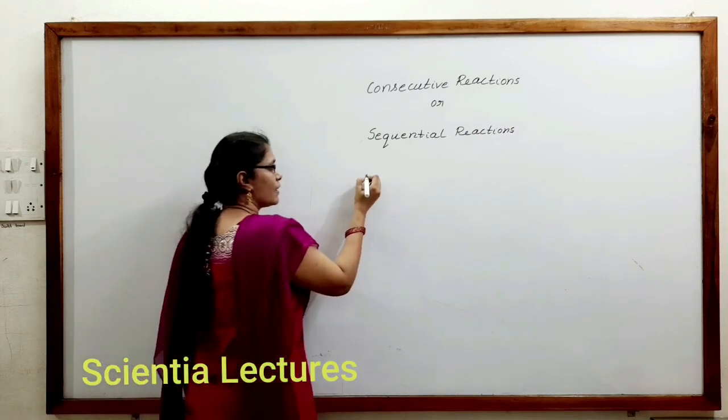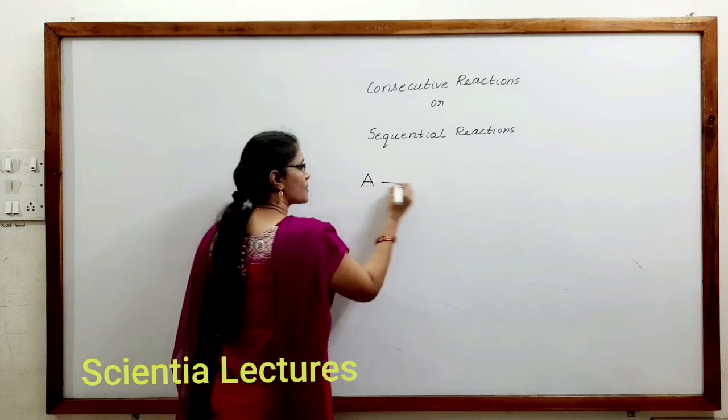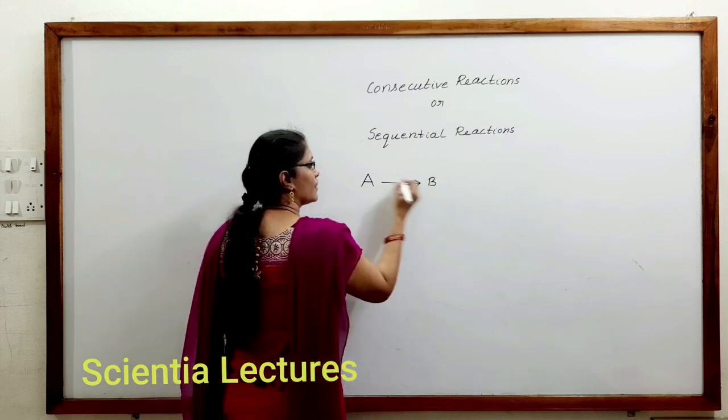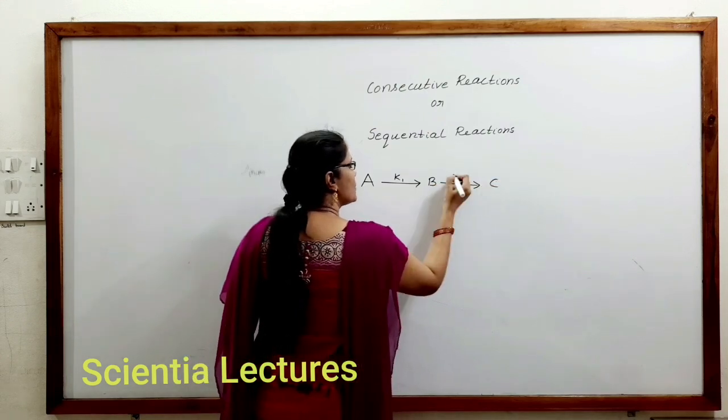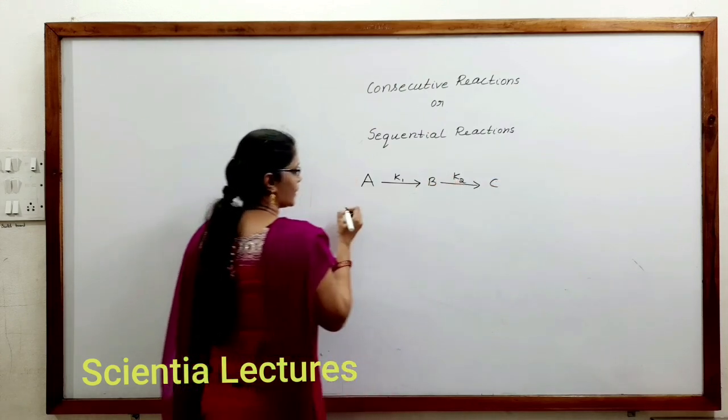For example, let us take A gives rise to B with a rate constant of K1. B gives rise to C with a rate constant of K2.